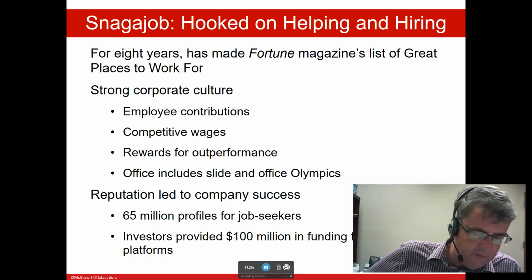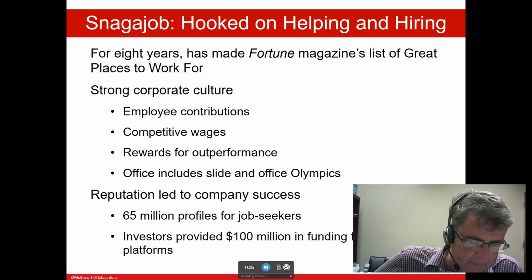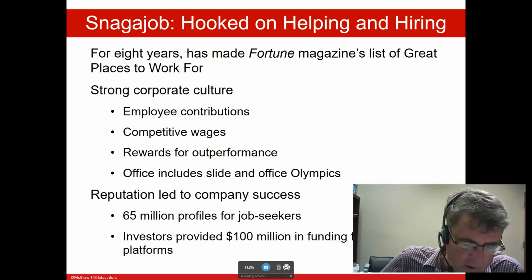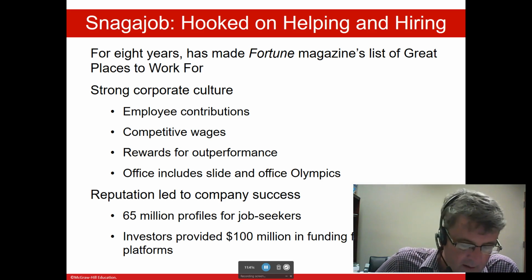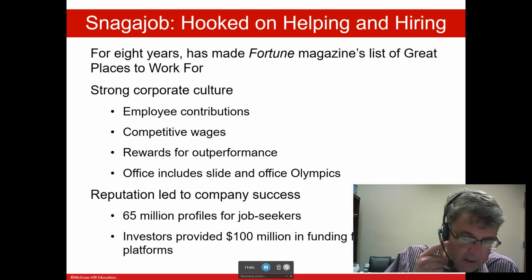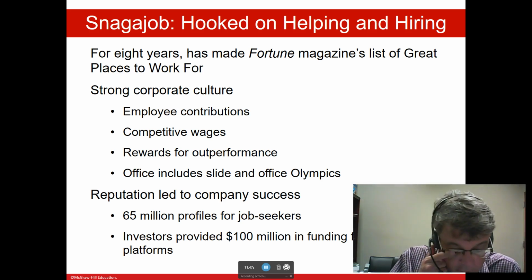Founded in 2000, Virginia-based Snagajob is the top search engine for hourly workers. It made Fortune magazine's list of great places to work for in the best small and medium-sized company categories for 8 years running. Founder Sean Boyer credits Snagajob's happy employees with his strong corporate culture.